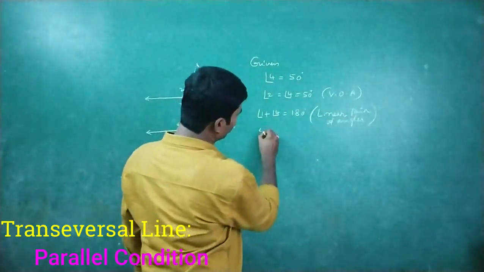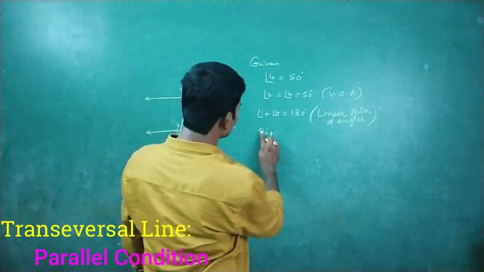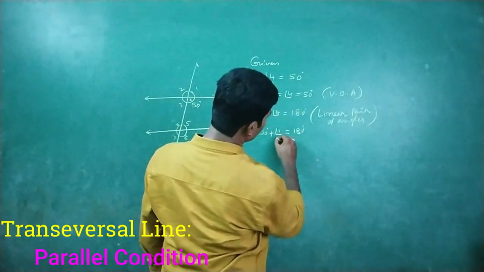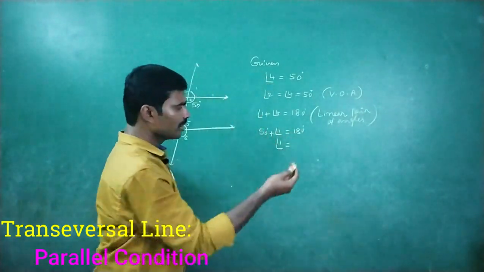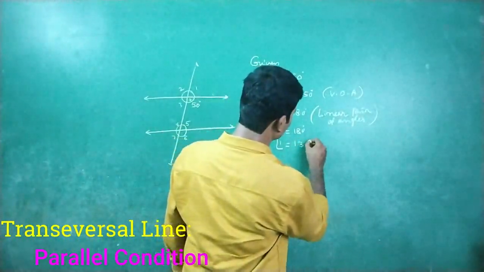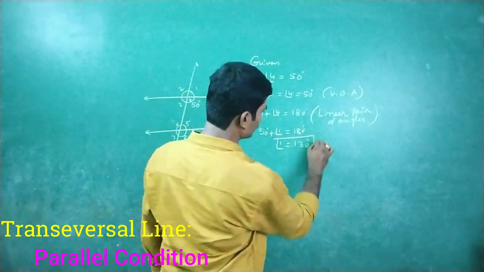So 50 degrees plus angle 1 is equal to 180 degrees. Then angle 1 is equal to 180 minus 50, so we get 130 degrees. So angle 1 is equal to 130 degrees.